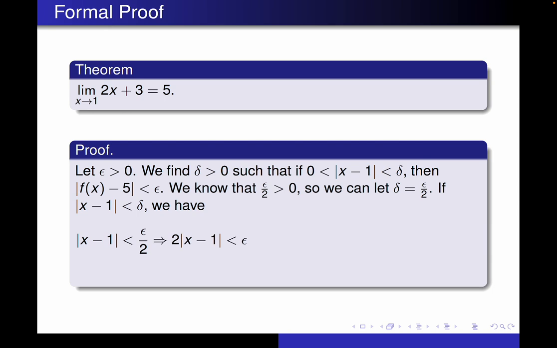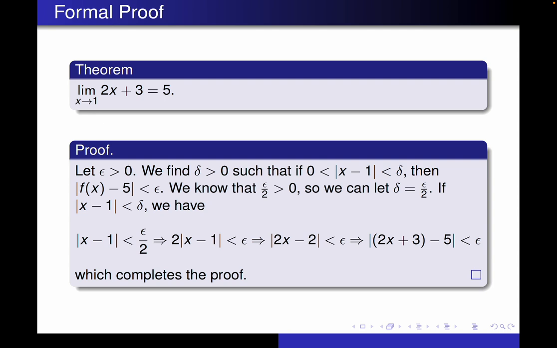We multiply the 2 within that difference to get 2x minus 2 inside. Then we rewrite 2 as 3 minus 5 to get absolute value of 2x plus 3 minus 5 less than epsilon. We note that 2x plus 3 is equal to f of x. That's our function. And that means our proof is complete.